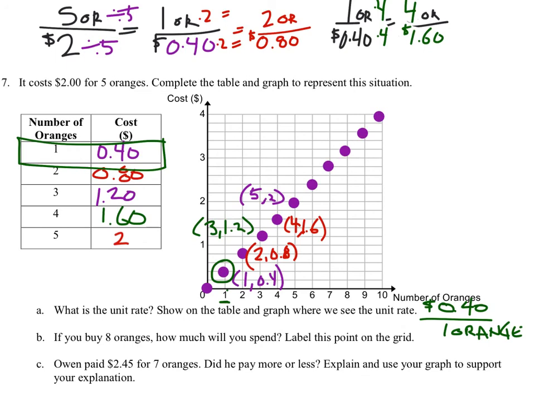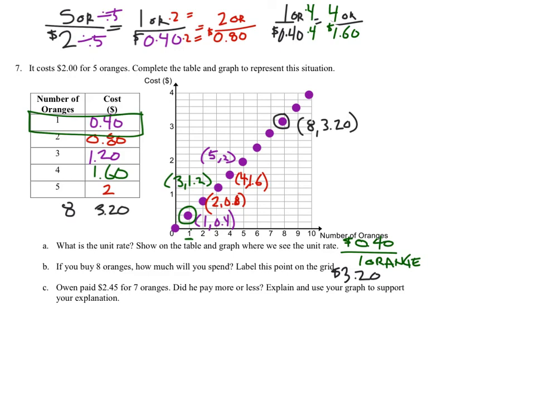Well, we'd be looking at 8 in the table. And so 1 times 8 is 8. 0.4 times 8, $3.20. So it appears that this would be $3.20, which is shown at this point right here. 8 and $3.20.